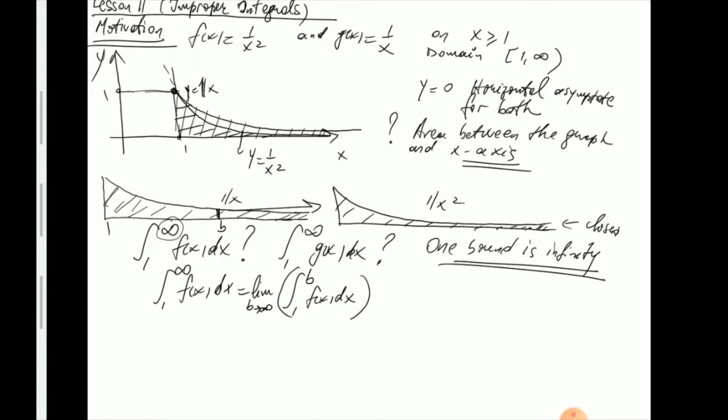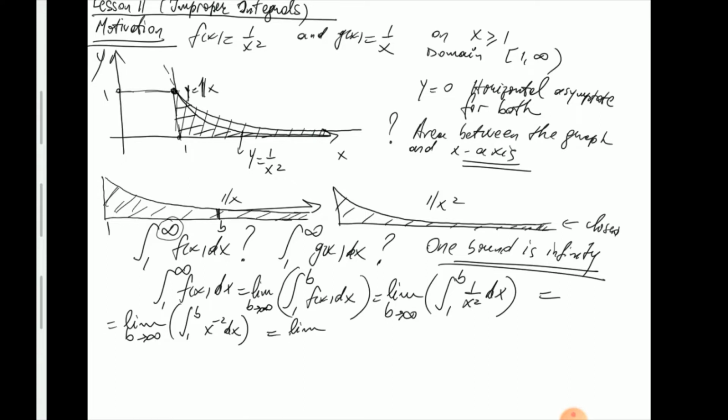So in the case of f of x, that's 1 over x squared. We're going to write this as a power. So x to the minus 2 dx.